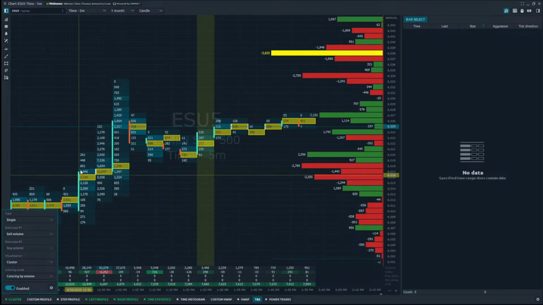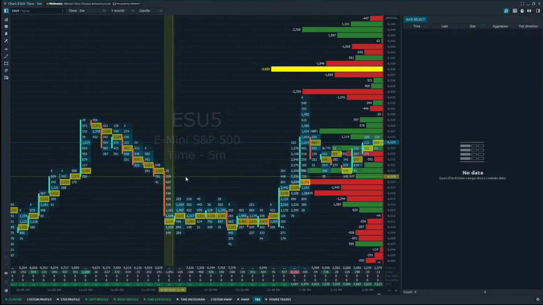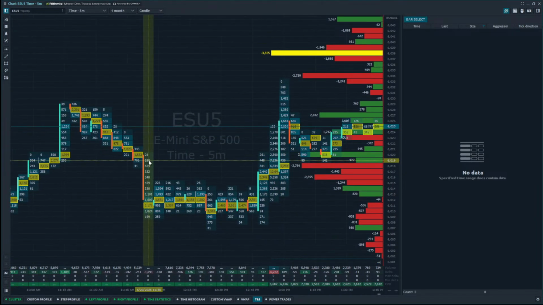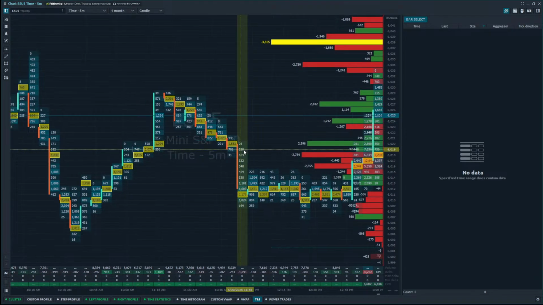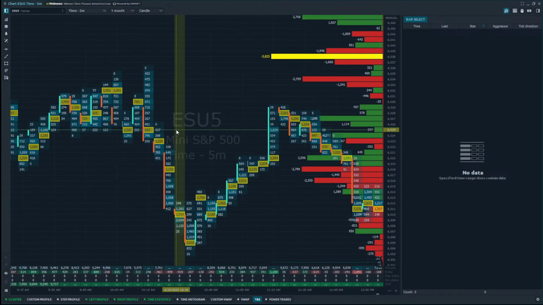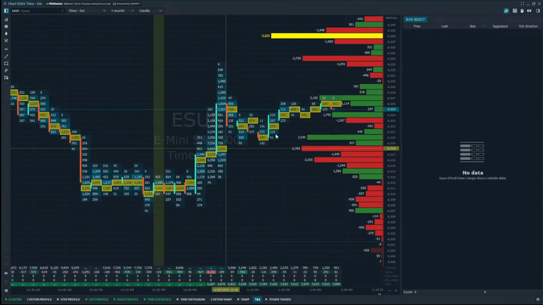Here we have a large volume block at the bottom. Here we have a double, but it's on the 5-minute. Anyway, that's how you get to this chart, where you just see all of the volume traded as one number.